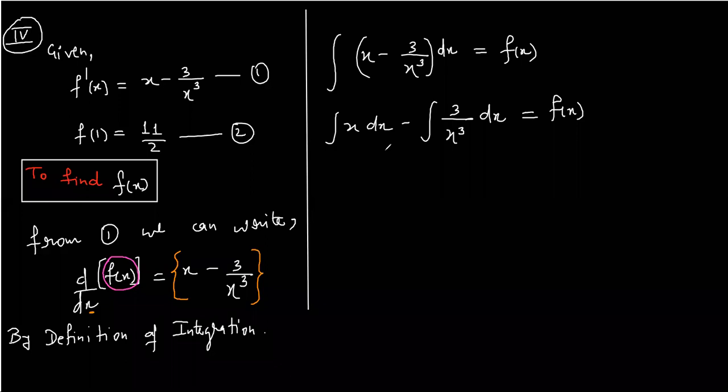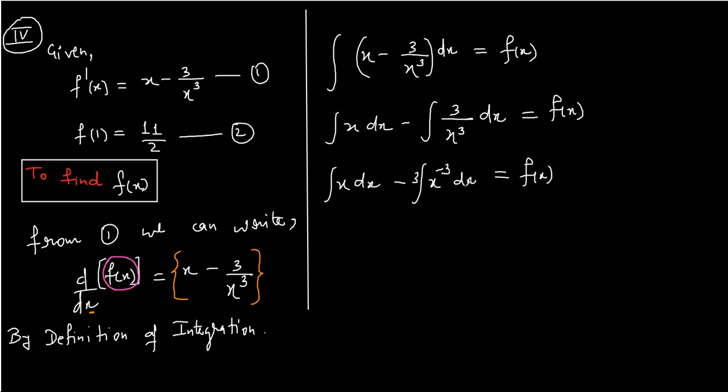So since I'm not able to integrate both of these simultaneously, I will keep this on hold and write 3 out, and this is 1 upon x cube, which is x raised to minus 3 dx equals f of x.